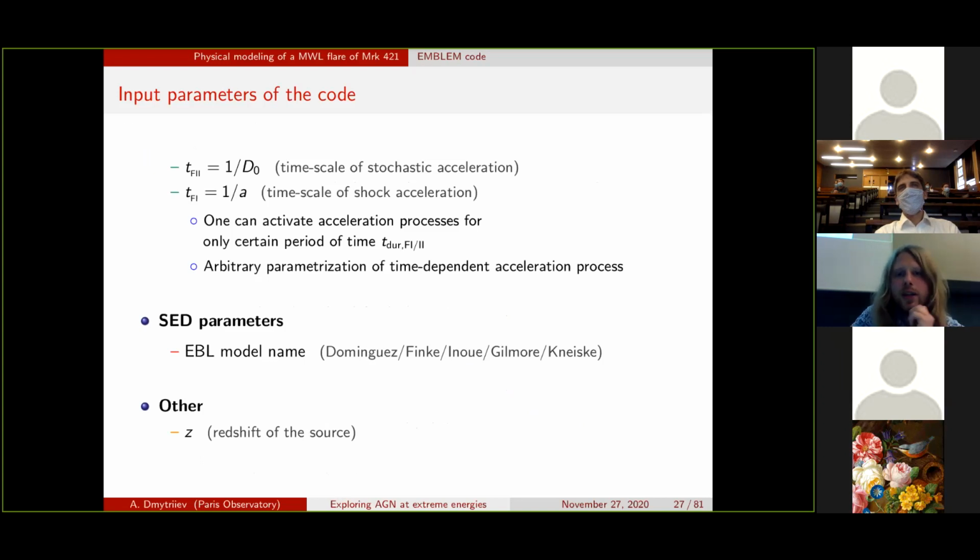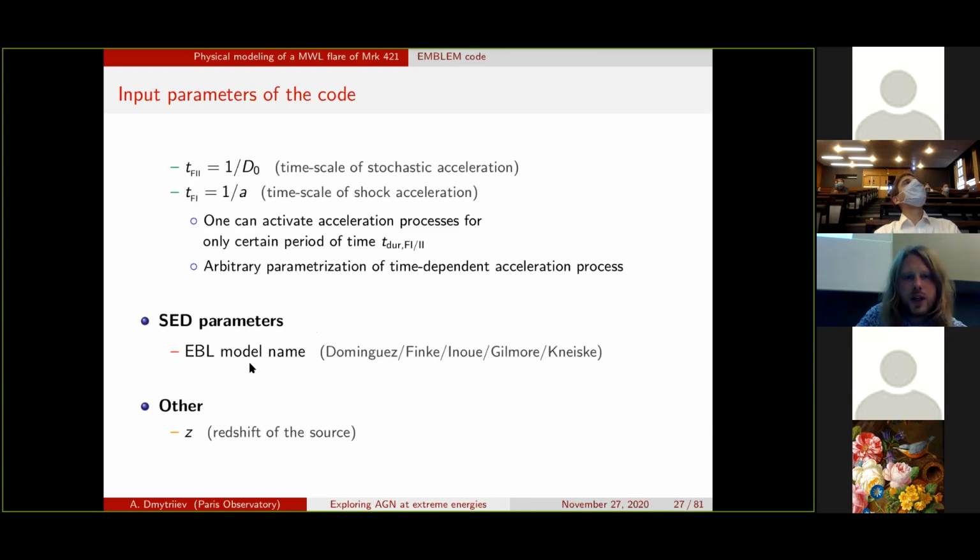And the peculiarity of my code is that you have real freedom and flexibility to control the acceleration process. And this is the feature. You can activate the acceleration process only for a specific duration of time, or you can arbitrarily parameterize this acceleration process, and I will discuss it in more detail a bit afterwards.